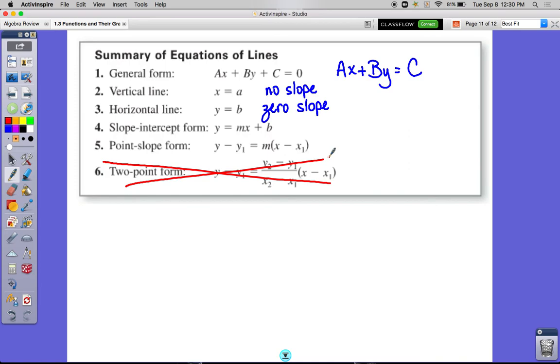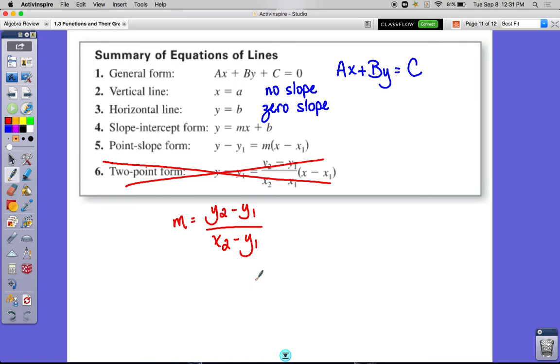Because if you have 2 points, what can you find from 2 points that we did earlier today? If you're given 2 points, find a slope first. Don't commit to memory some other equation that is confusing and you're probably never going to make use of.